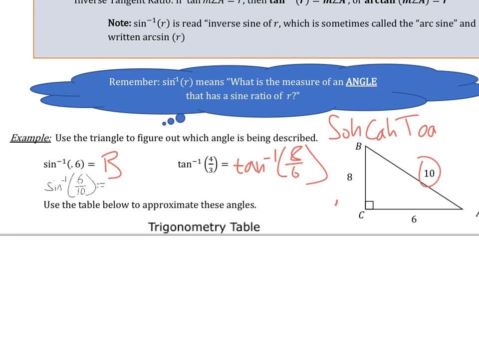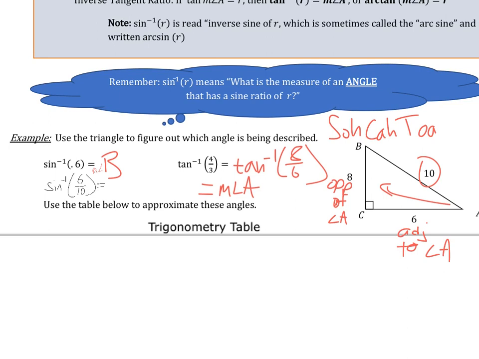Well, tangent is opposite over adjacent. So 8 is opposite angle A, and 6 is adjacent to angle A. So that's opposite over adjacent. Oh, that's angle A, or the measure of angle A, and this would tell us the measure of angle B.